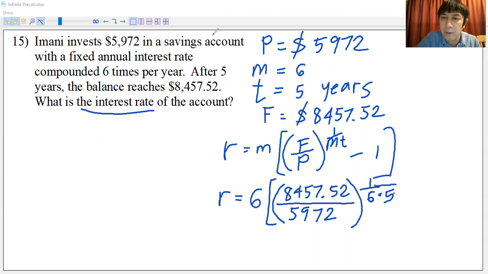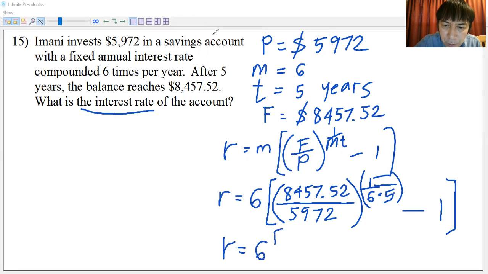That's 6 times 5, so that will eventually be 1 over 30. And then whatever quantity we get here, minus 1 before multiplying by 6. Let's do it nice and slow.